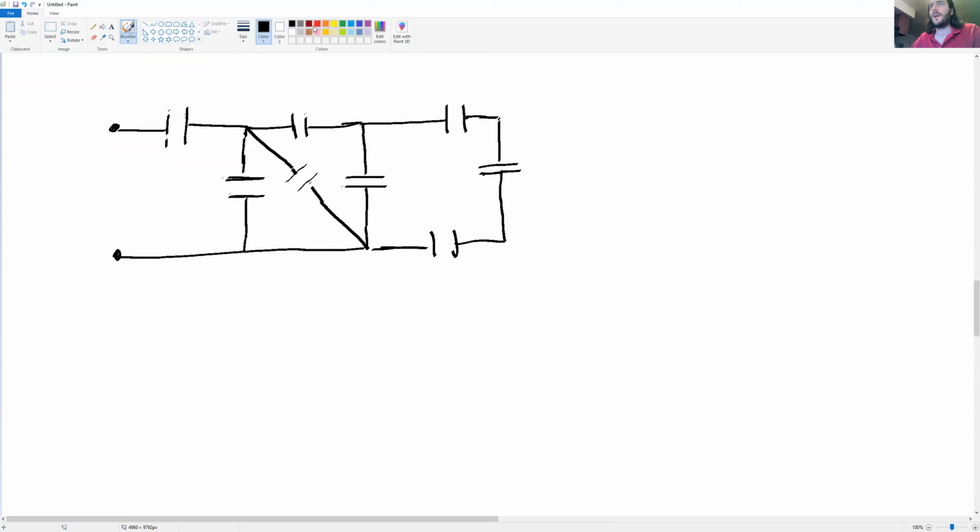Okay, and let's go ahead and give some values here. I'm going to give the values with no units, okay? Just assume all the capacitors have units of microfarads or something, it won't matter. I'm just going to give numbers here because we're really just interested in practicing how to combine these things. So I'll go 10, 5, 1, 8, 9, make this one a 7, this one can be a 6, this one can be a 4.